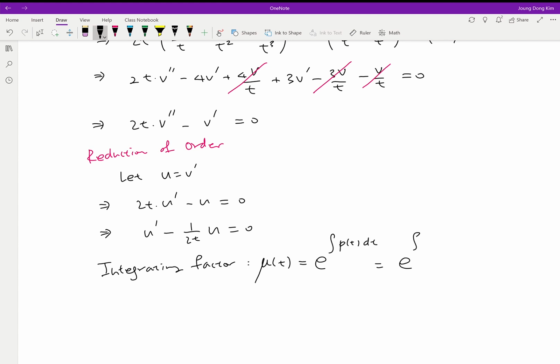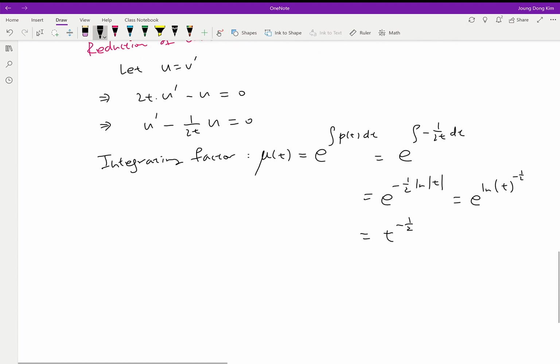E to the integral, your p is negative 1 over 2t dt, which is equal to e to the minus 1 half ln t. This is equal to e to the ln t to the minus 1 half. Then we can simply say t to the minus 1 half, okay? With this one, we can easily find the u function, okay?